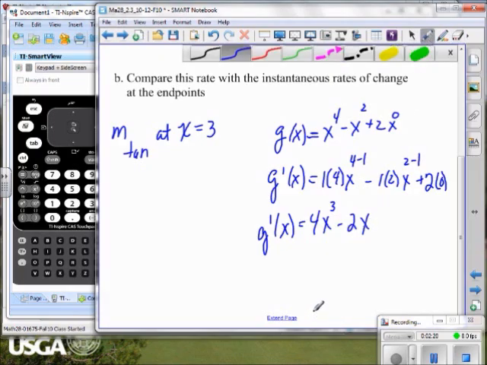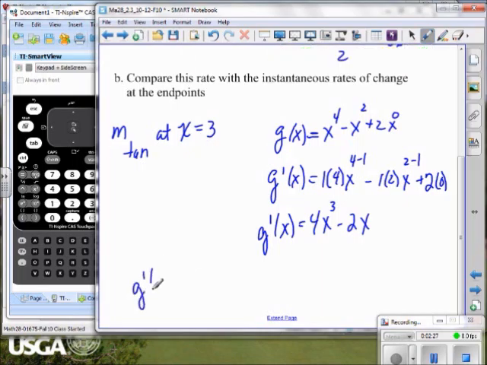So I want to know what is the instantaneous rate of change at x equals 3. So I'm looking at what is g prime of 3, and I get 4 times 3 cubed minus 2 times 3. 4 times 27, what is that, 68?